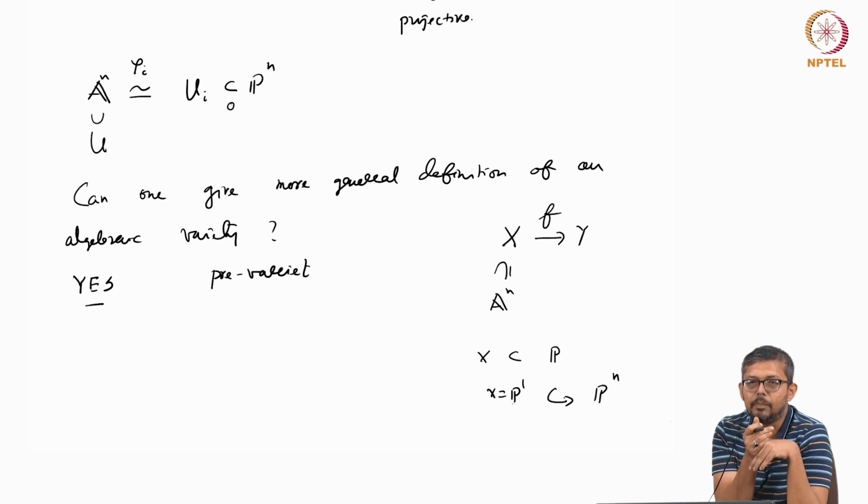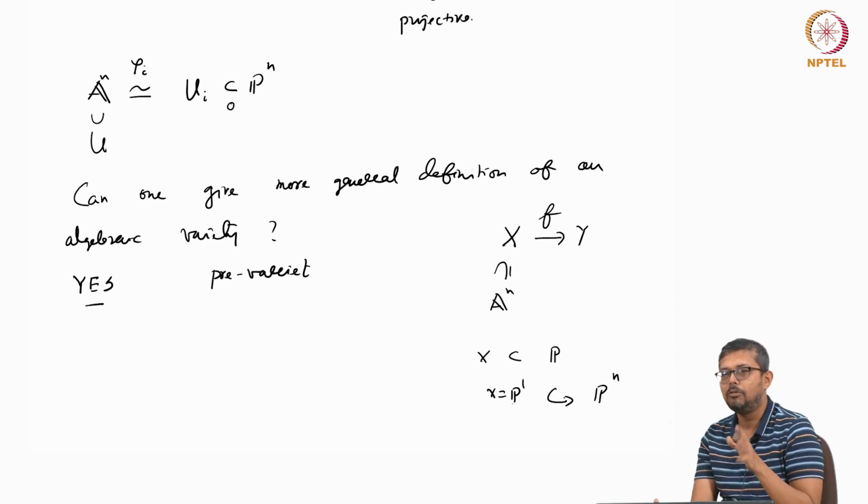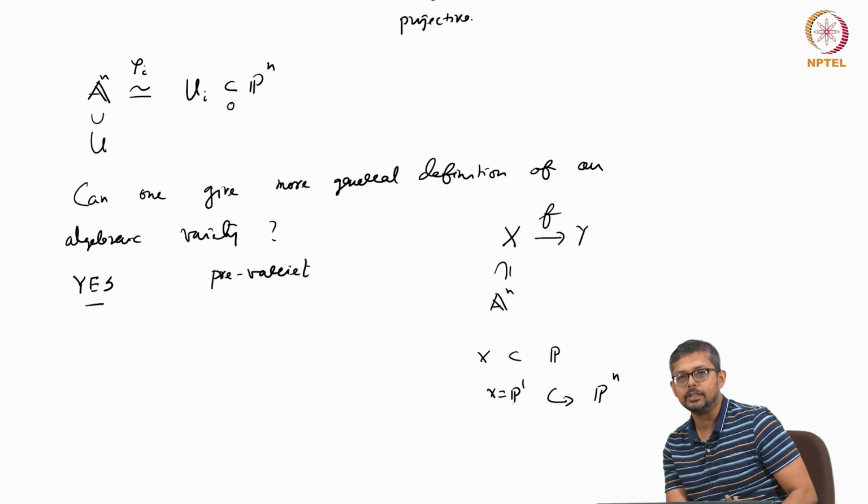That's fine. This is the advantage of giving such a definition. One should give the definition like a topological space. When we give a topological space, mostly we give some examples, then you embed it into some R^n or C^n. But when you talk about an abstract topological space, just X is a topological space. Similarly, can one define an algebraic variety in that sense?